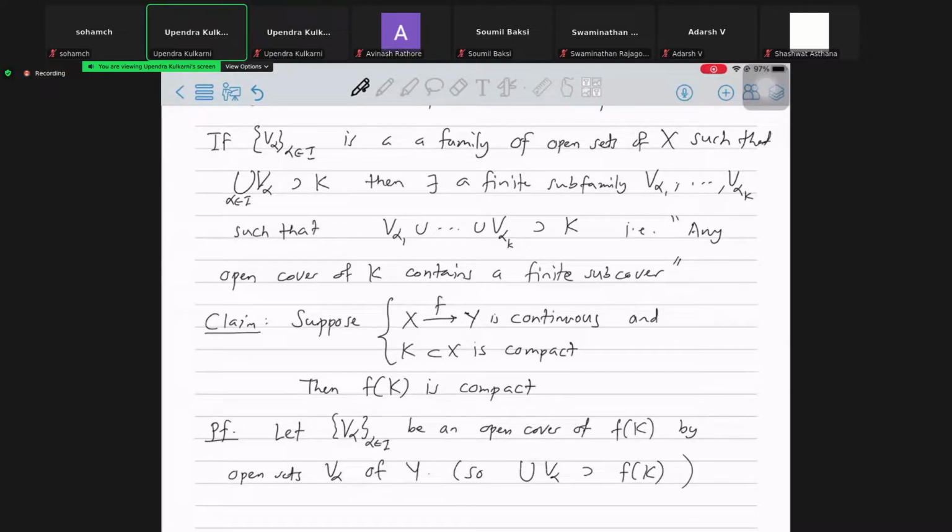So you see how the definition of continuity, or rather the characterization of continuity, dovetails so nicely with this. What did we say? We saw in some detail that the definition of continuity of a function between two metric spaces is by epsilon delta.